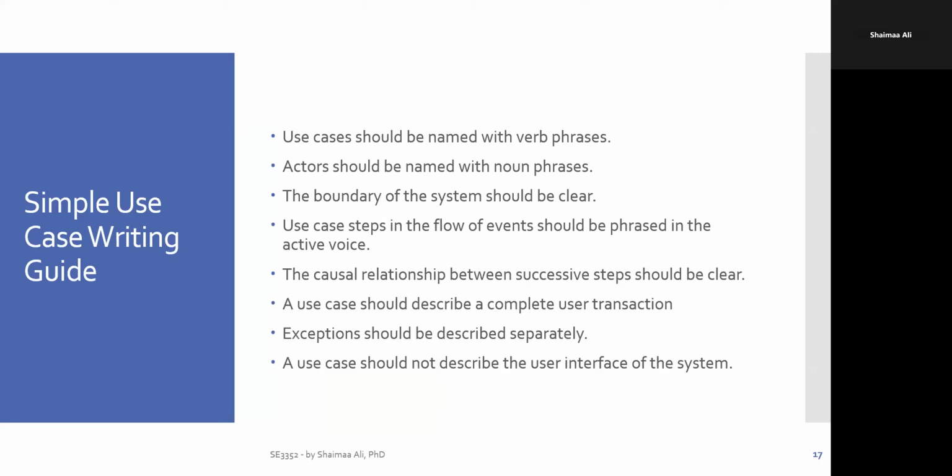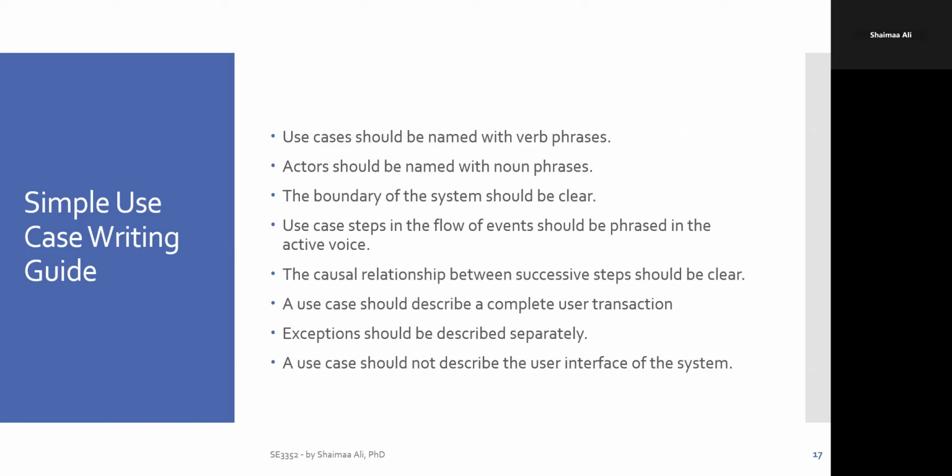The steps in the main flow of events should be phrased in the active voice. The causal relationship between successive steps should be clear. So when someone reads the steps in your use case, they should understand why the steps are the way they are. So use wording that describes the reason behind the sequence.